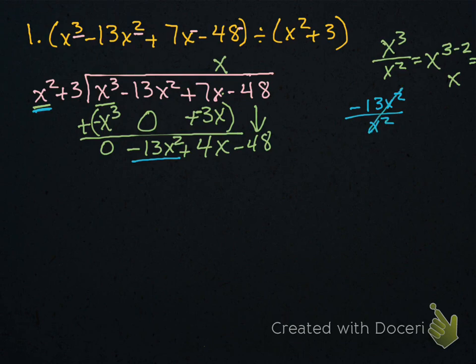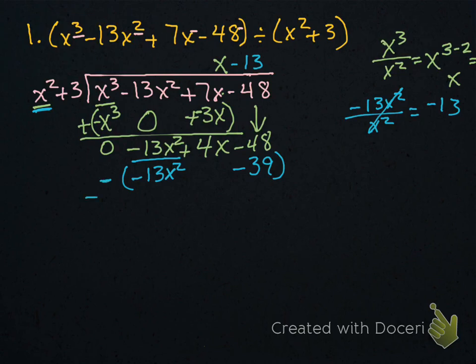My x squared is going to reduce out, so I'm left with negative 13. So negative 13 times x squared is negative 13x squared. Negative 13 times 3 is going to be negative 39.